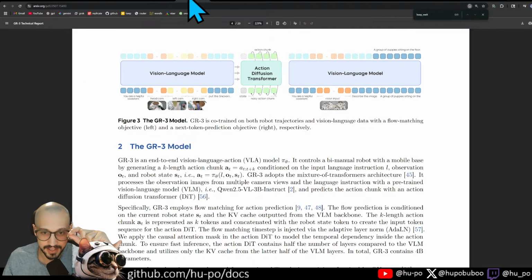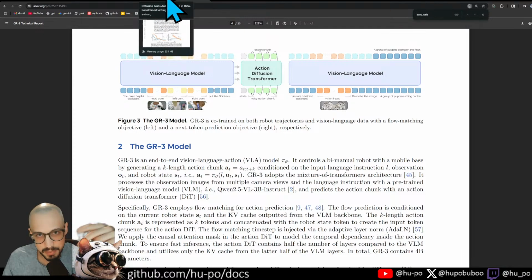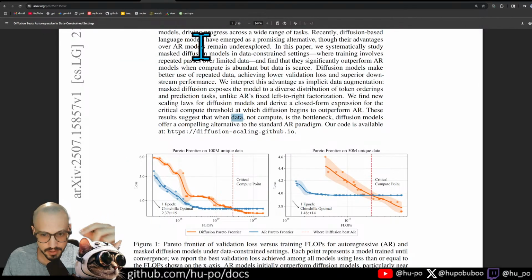So therefore, it makes sense that the go-to approach is a diffusion model, right? So that's a nice little empirical affirmation of the hypothesis here that anywhere where you're data constrained, you're going to see diffusion models as the standard as opposed to autoregressive models.